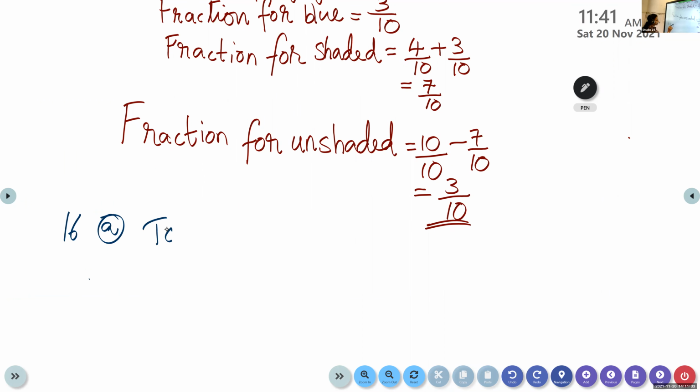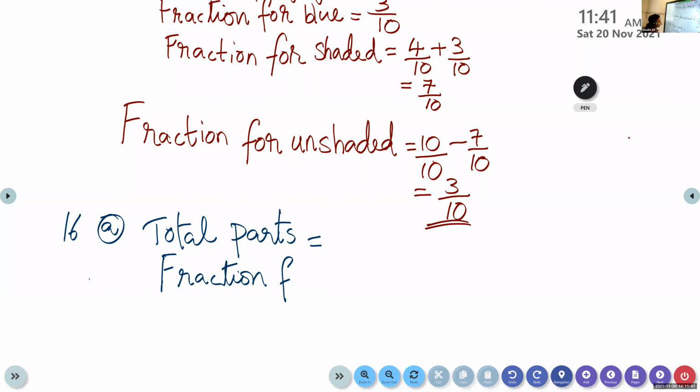Don't say the answers. Okay, total parts we have to count and write here the total number of parts. And the fraction for yellow. Find out. Then next, the fraction for red.